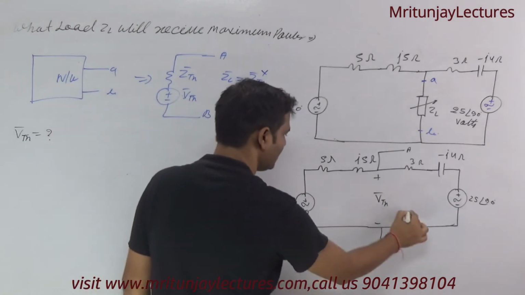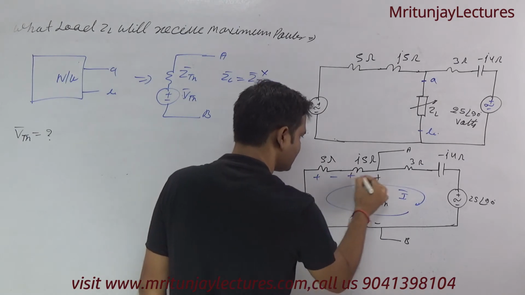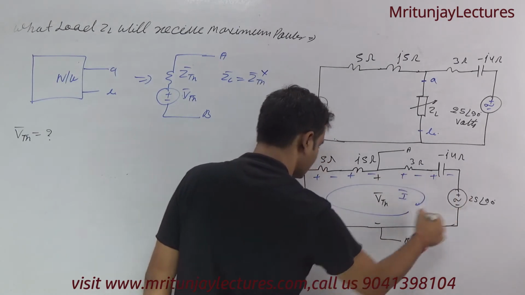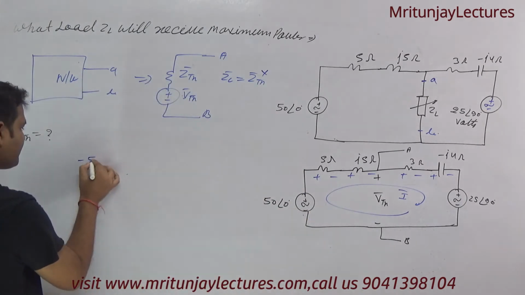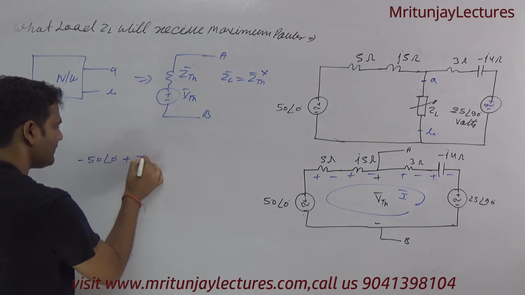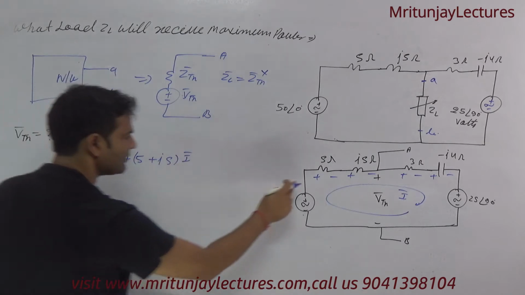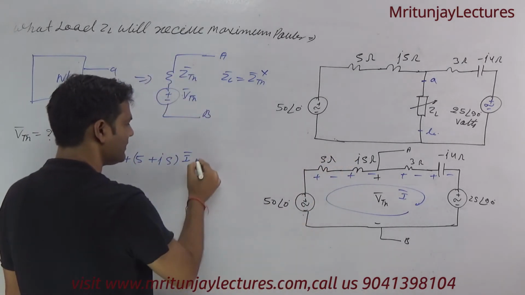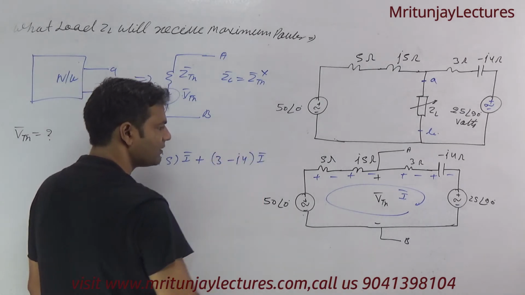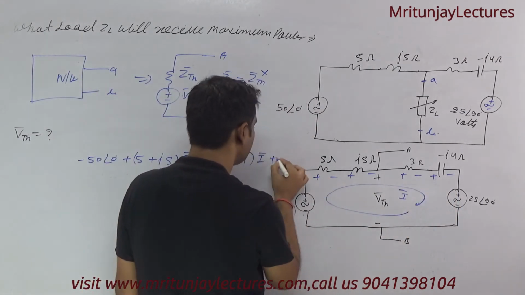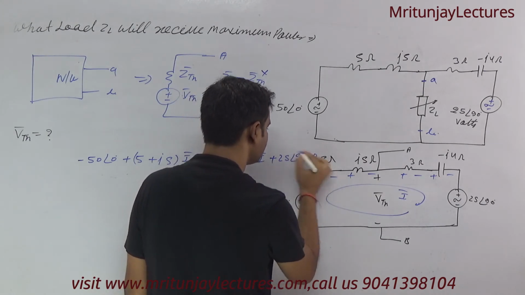So if you loop current I, the direction is minus to plus. Here the negative terminal, so minus 50 at the angle 0, plus (5 plus j5) times I, both are the same current, that's why 5 plus j5. Now plus (3 minus j4) times I, minus 25 at the angle 90, this is equal to 0.